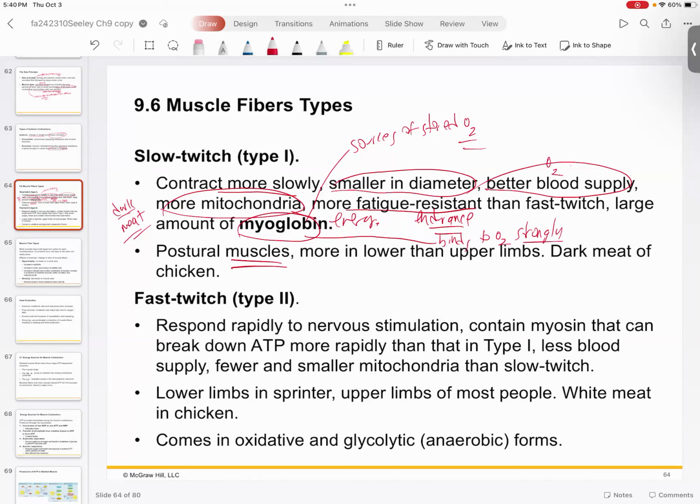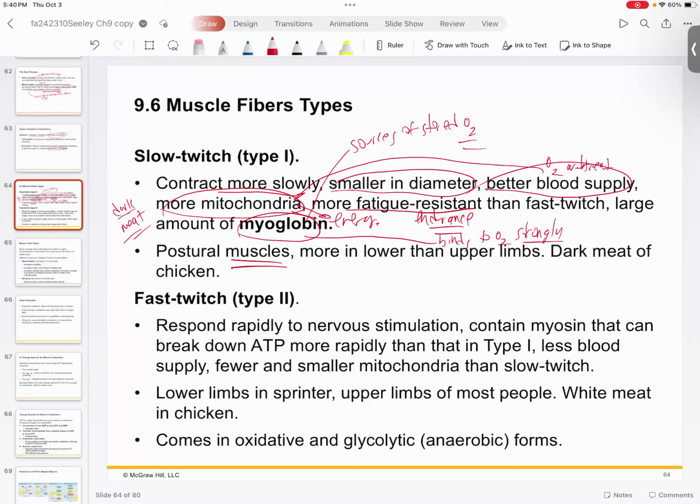Because you supply oxygen and nutrients, both of which are necessary for mitochondria. Mitochondria makes energy, which you can then feed to your muscles so that they can maintain this level of activity over a long period of time. Okay. So it's all about endurance. Everything about the slow twitch is basically for endurance purposes.